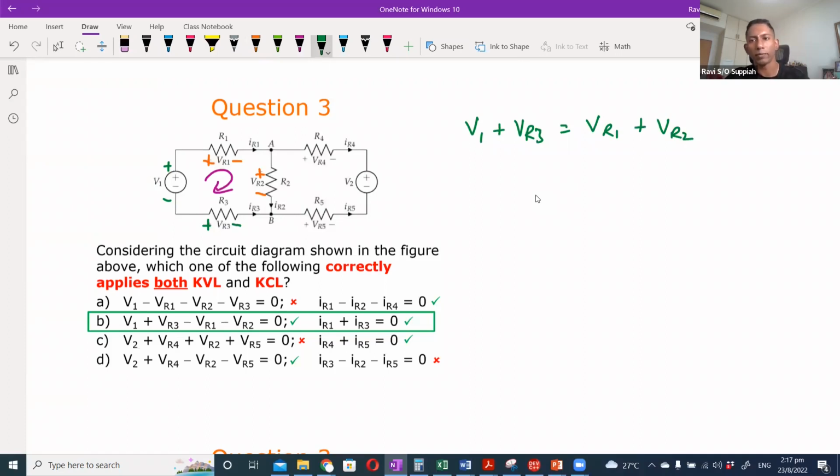We have this expression because we have drawn the loop this way. All those in the same direction as our loop are on one side, and all those in the opposite direction are on the other side. If I rearrange it, V1 plus VR3 minus VR1 minus VR2 equals 0. That is the expression here, and it is a valid expression.